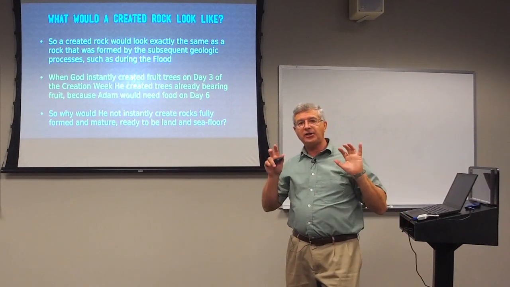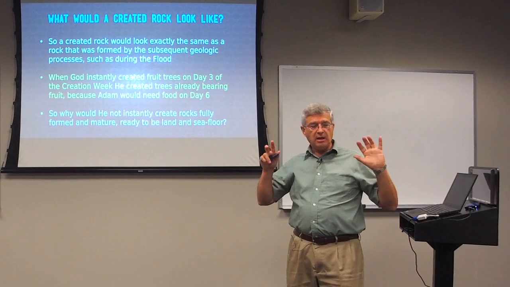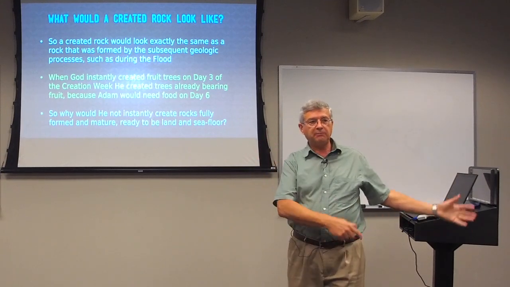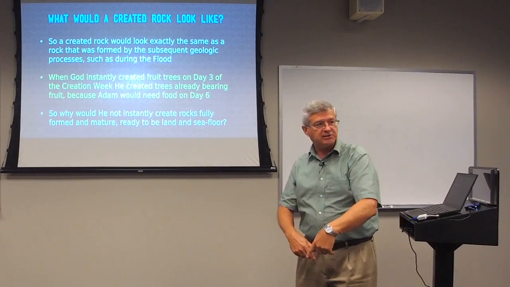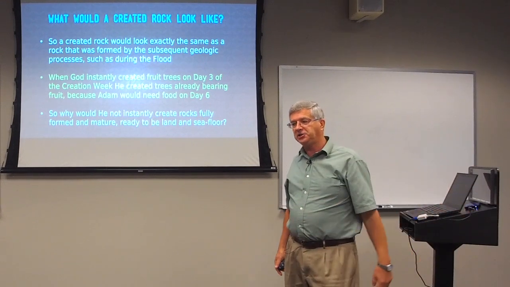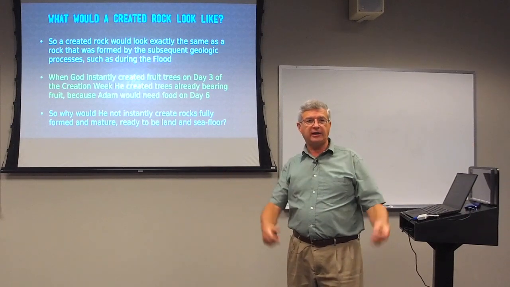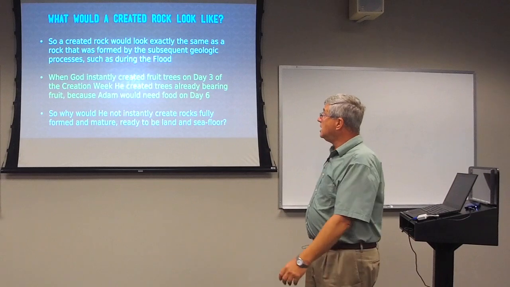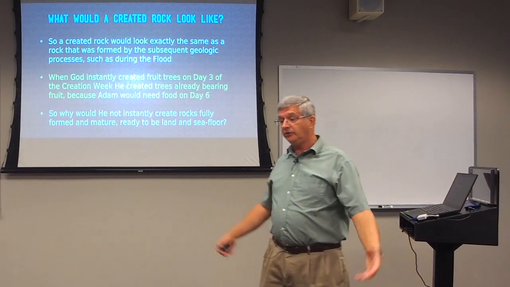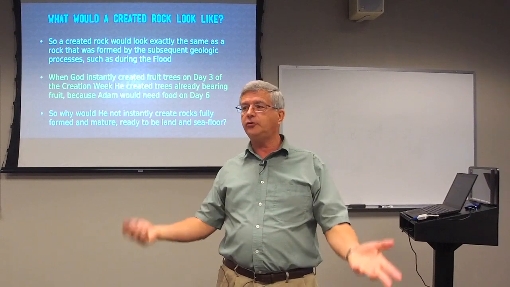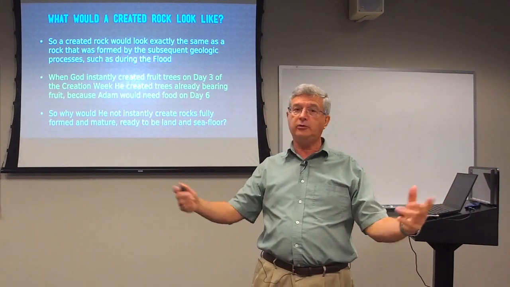Our natural tendency and our natural effort to reason and explain wants to put geological processes that take a long time somehow into the equation, when Jesus demonstrated that he could do things instantly. We shouldn't be surprised, because on day 3 in the creation week, God created fruit trees already bearing fruit, we're told.